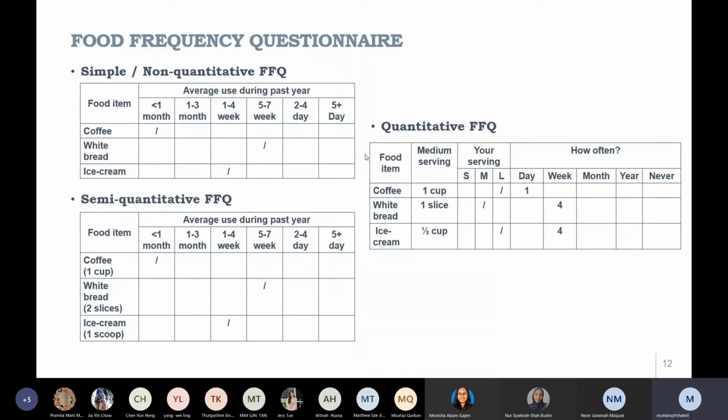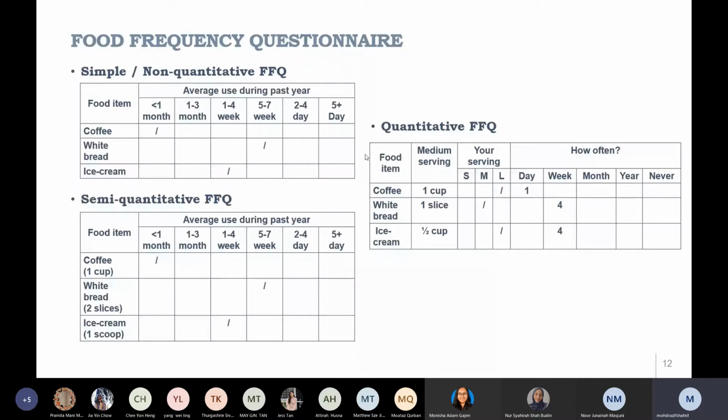But this type of response will not enable us to quantify the nutrient intakes of daily food intake of the participant, because this is just descriptive reporting to show the most frequently consumed foods of the participant. So we cannot actually calculate energy intake or protein, fat, carbohydrate, and so on, in simple and non-quantitative FFQ.